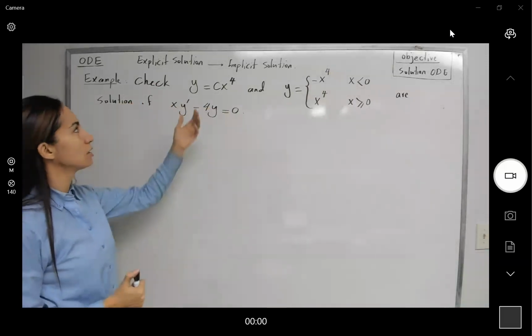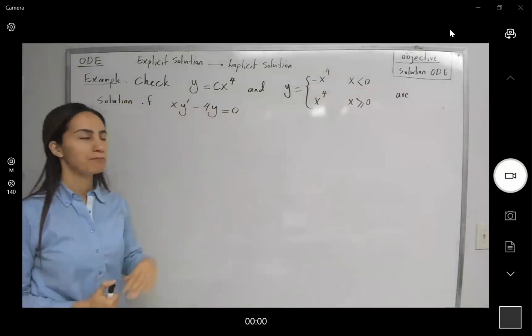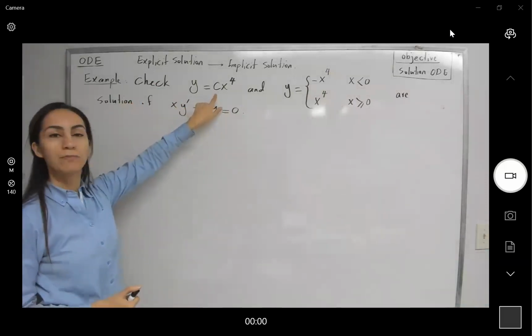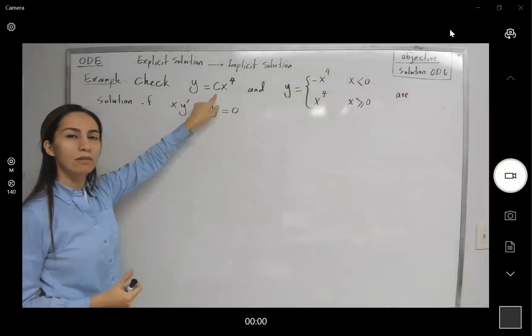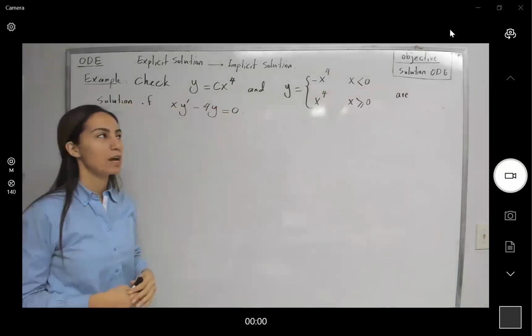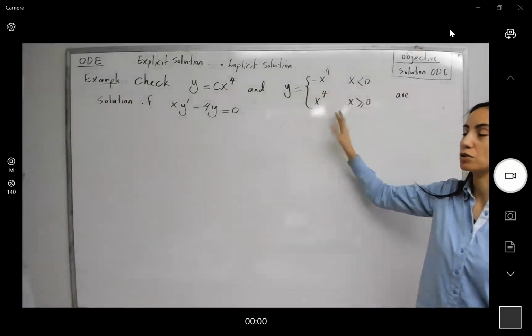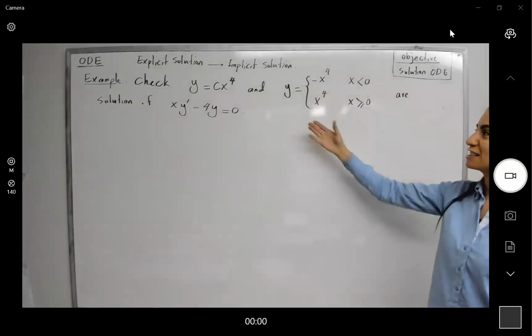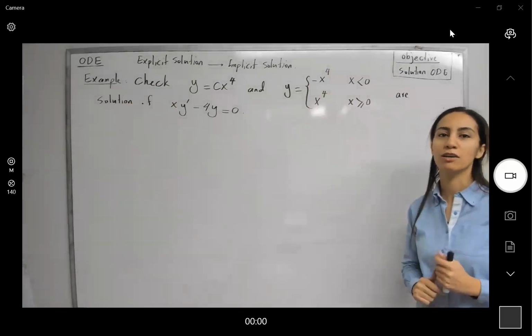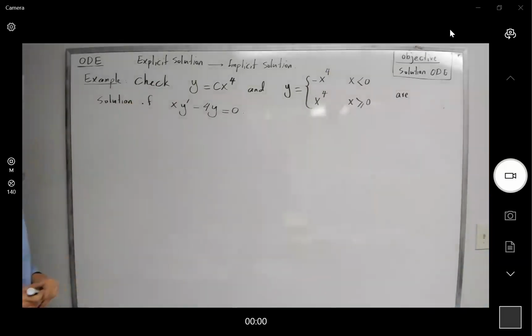So as you can see, if these two are solutions of this differential equation, since this has constant c, we call it a family of solutions because we can change the values for c. And here you don't see any parameter. You don't see any c. Well, in this case, we call it a particular solution. So let us check to see if these two are solutions for this differential equation.